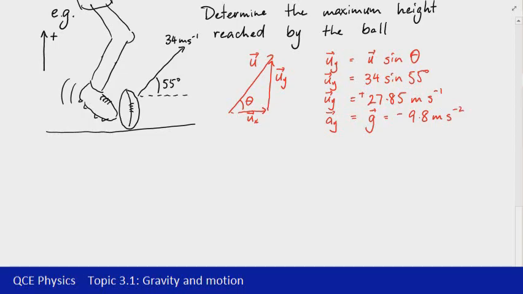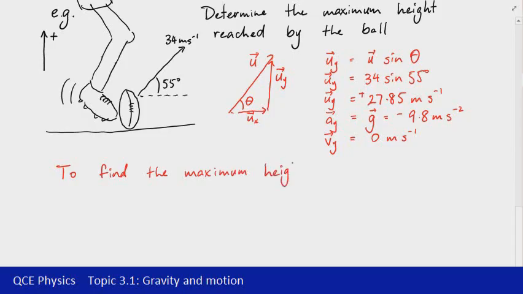The horizontal component's not particularly important to consider, but the final velocity, as we said, at maximum height is 0 meters per second. To find the maximum height, we could first find the time that it takes to get to that maximum height using the equation sy is equal to half gt squared plus ut.